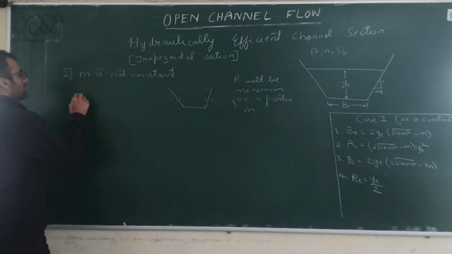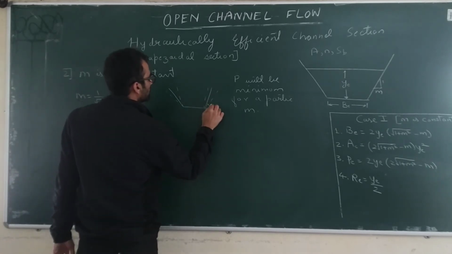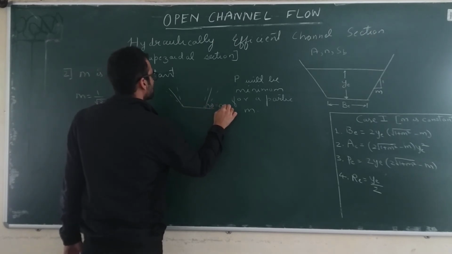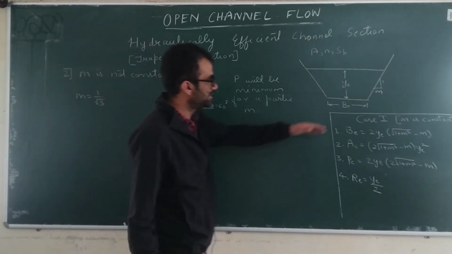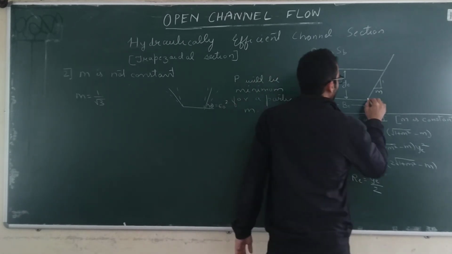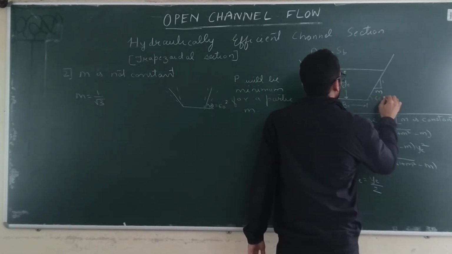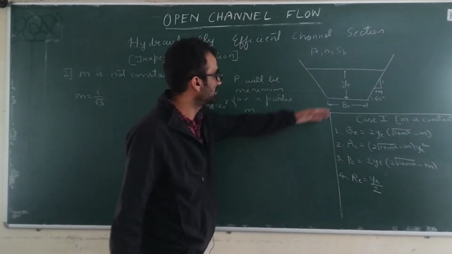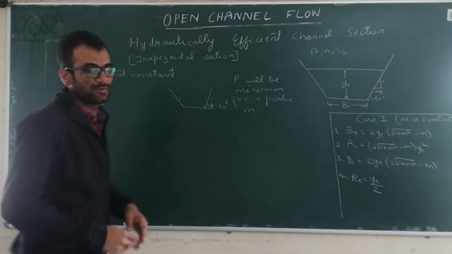That stage will come when m is equal to 1 by root 3, or this theta angle will be equal to 60 degrees. If this angle becomes 60 degrees, your wetted perimeter will become minimum.